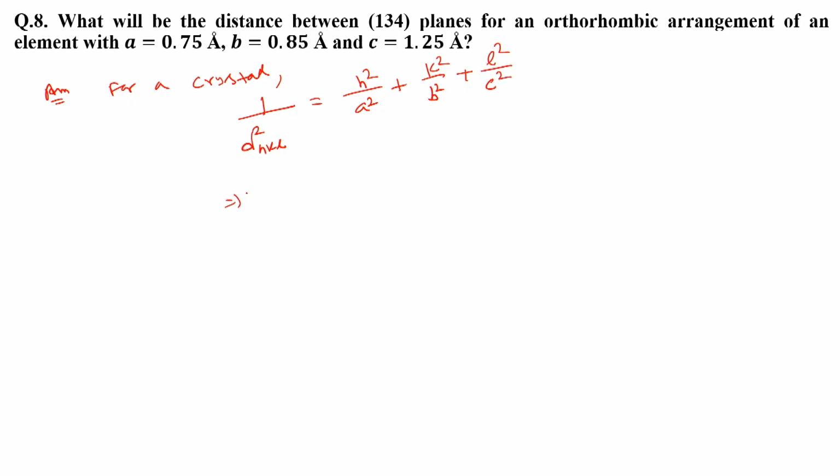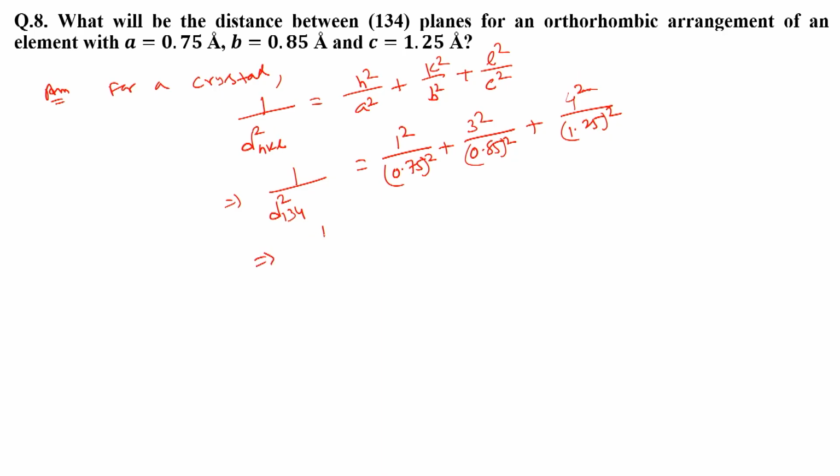So therefore for 134, 1 by d square 134 will be 1 square by 0.75 square plus k is 3, so 3 square by 0.585 square, and L is 4, so 4 square by 1.25 square.